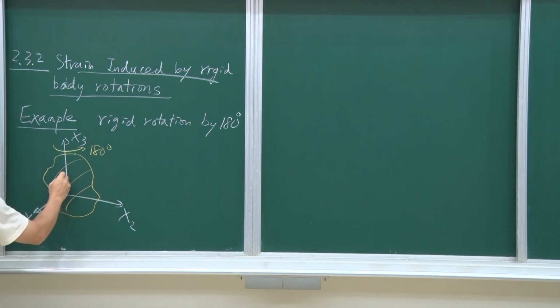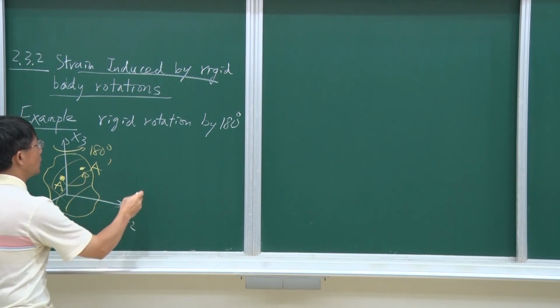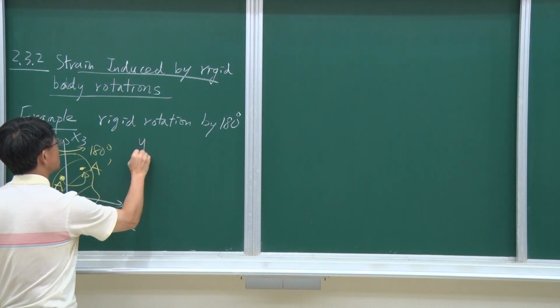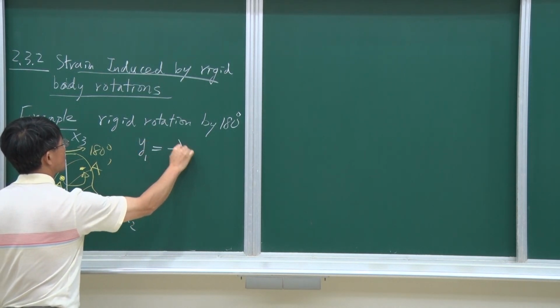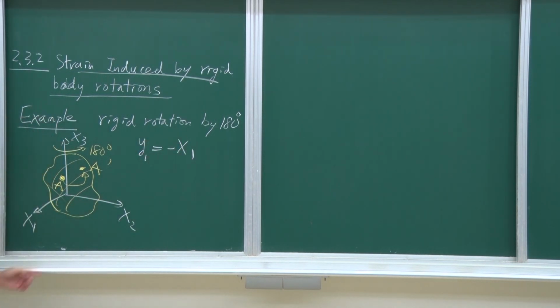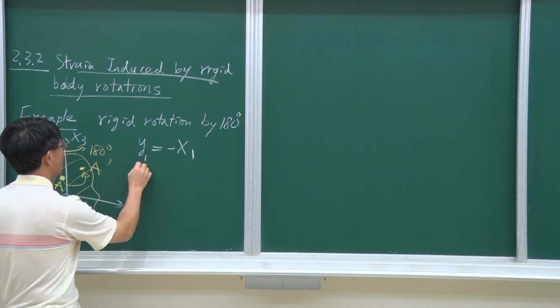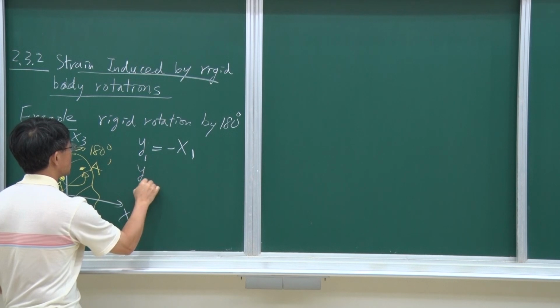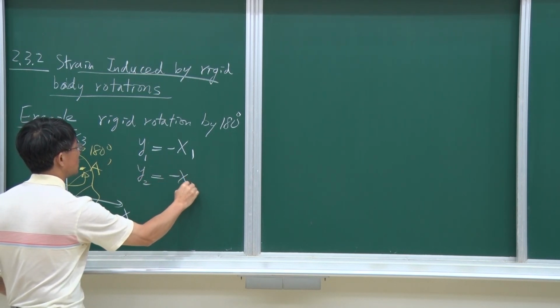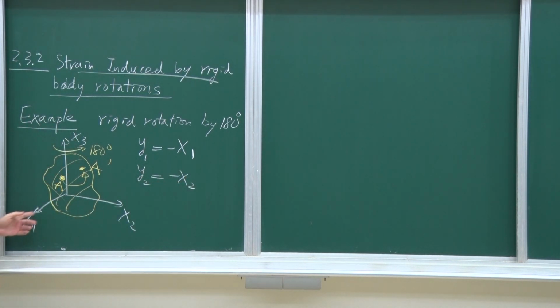A material point here, point A, will go to the back of the body, becoming A prime, like this. So as a result, we have a deformation: y1 equals minus x1, y2 equals minus x2.